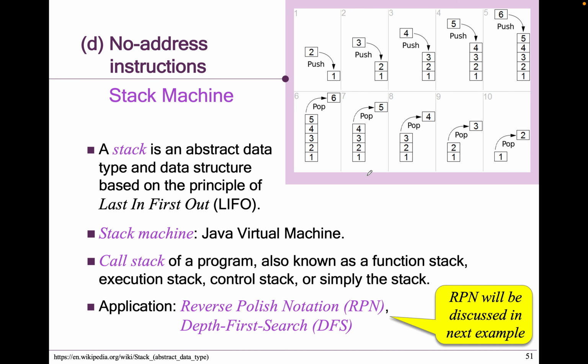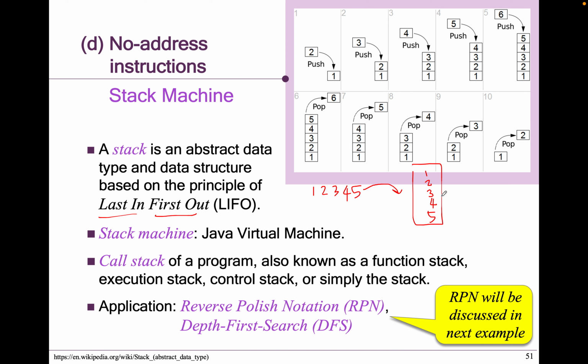Okay, now we're going to see how push and pop basically work. We call it last in, first out. So if you have any numbers, let's say you have 1, 2, 3, 4, 5, you're going to push 5 first, then 4, 3, 2, 1, and store them into your storage.